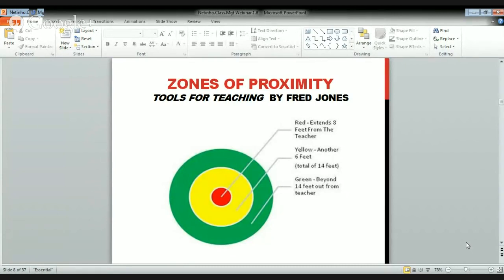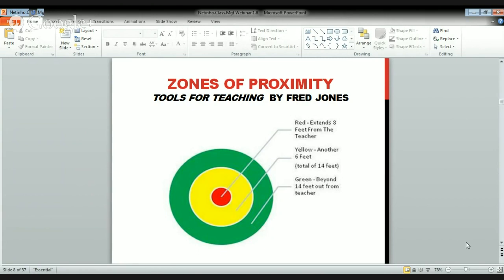Now, you're still in the middle of that red circle. But there are students sitting now in a yellow zone. You're moving out as your class. This yellow zone is about 6 feet or 2 meters beyond the red zone. So basically, students in the red zone and the yellow zones are no more than 14 feet or 4 meters away from you, the teacher. Most students sitting in that yellow zone will behave as they would if they were in the red zone, because they know the teacher is still fairly close by.